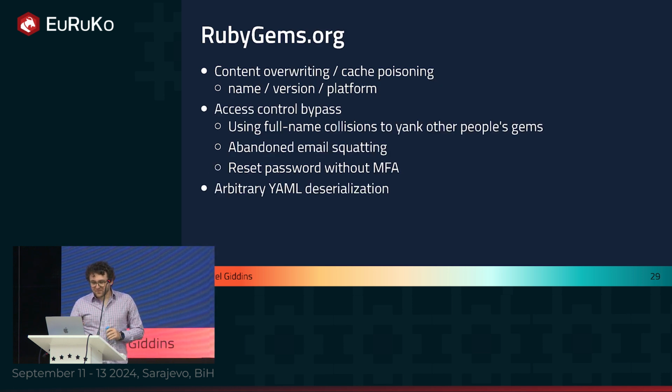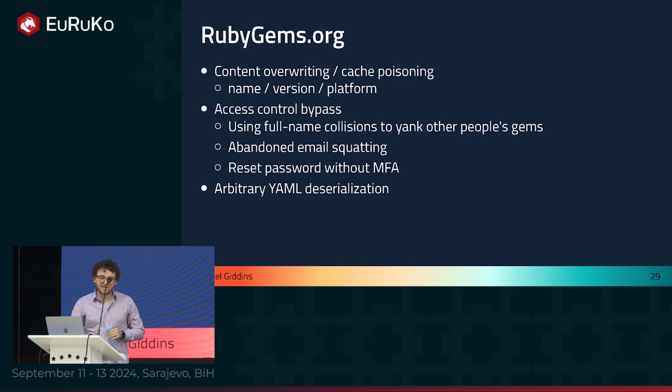RubyGems.org. Let's see, we've had issues with people overwriting content and poisoning the cache, relying on things like malicious hash collisions in like the name, version, and platform of a gem. People bypassing access controls, squatting on emails.